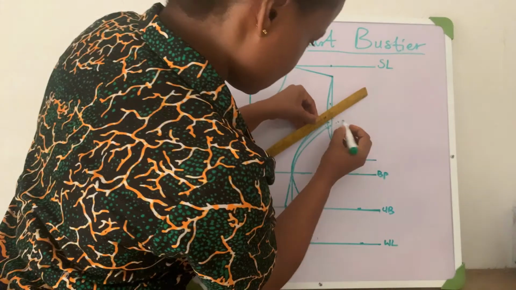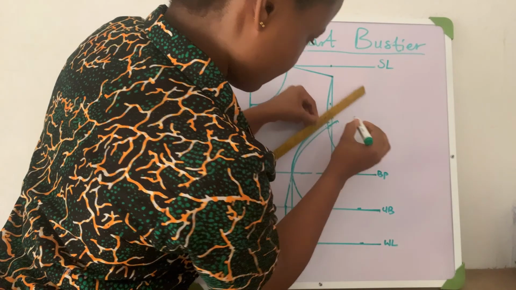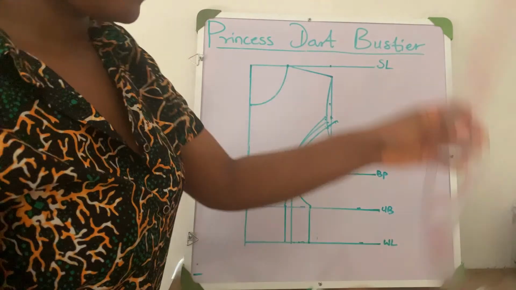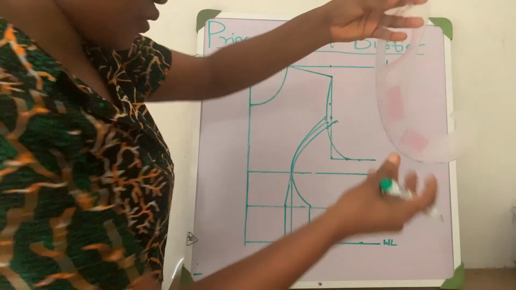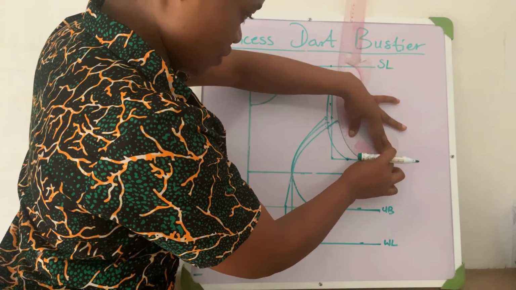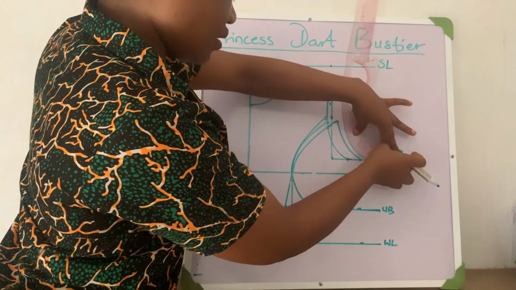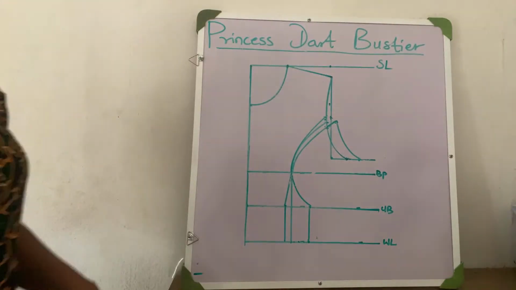Make sure it is in a straight line. So we are getting a new armhole curve right now. Because if you don't do this, just know that you'll be getting a shortage. So this is it.